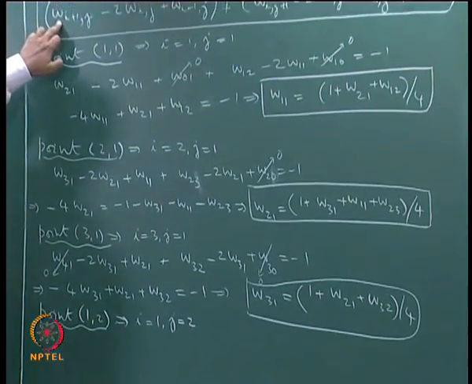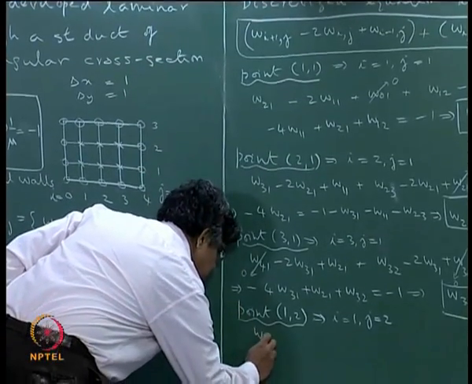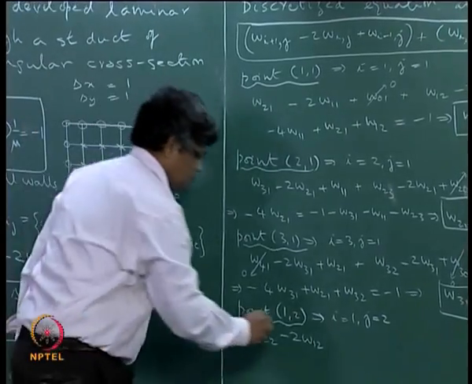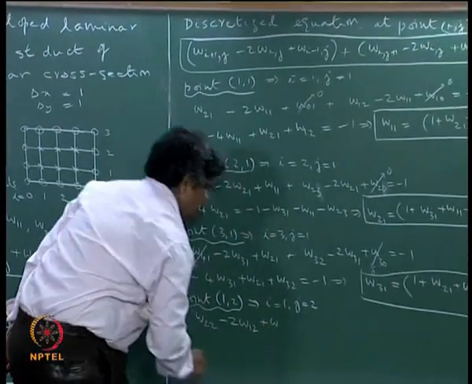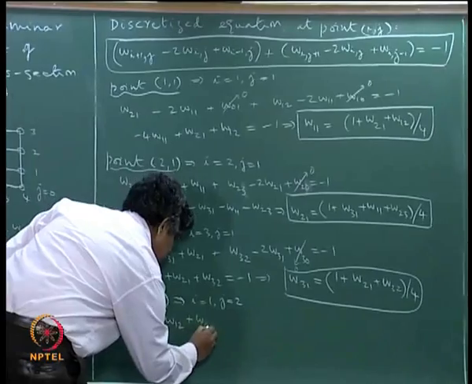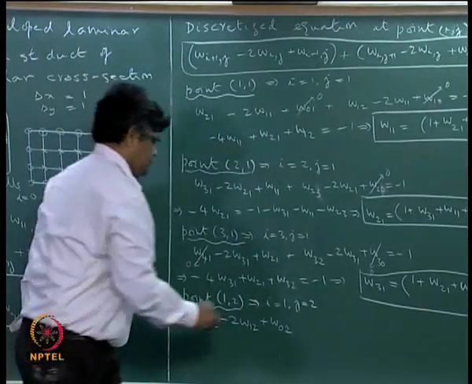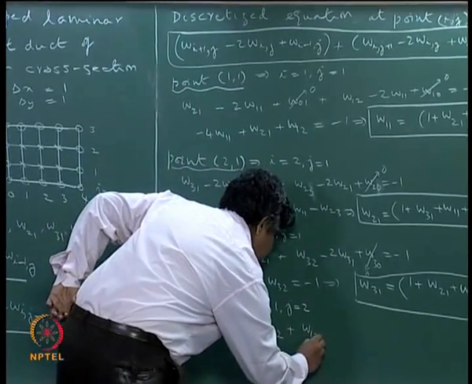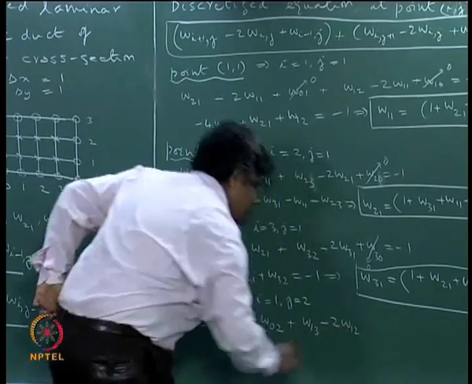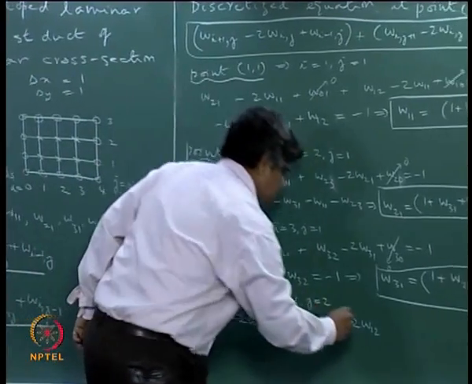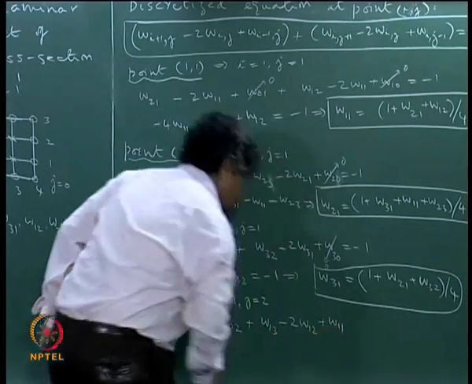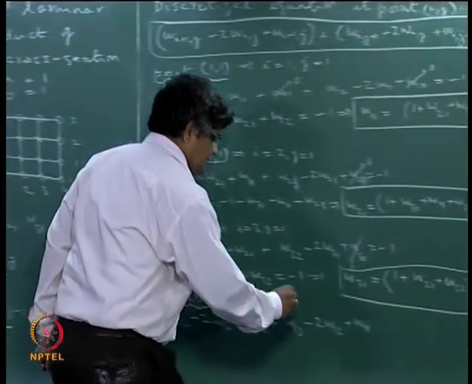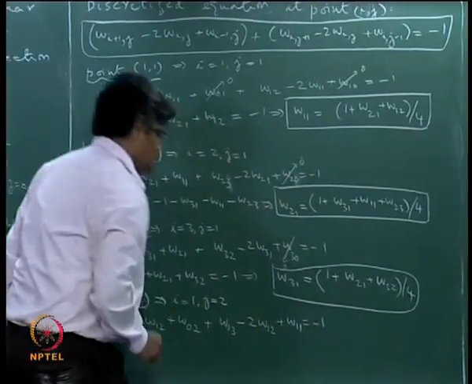So this is W22 minus 2W12 plus W02 plus W13 minus 2W12 plus W11 is equal to minus 1.